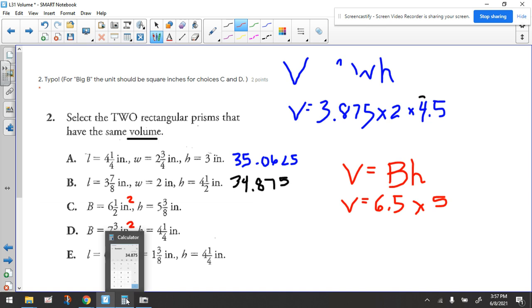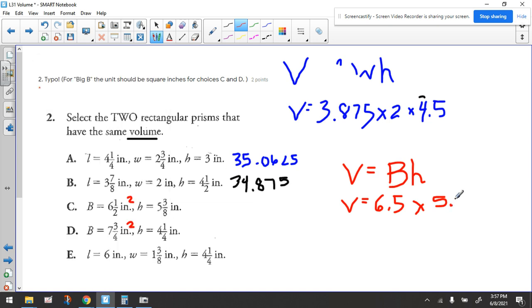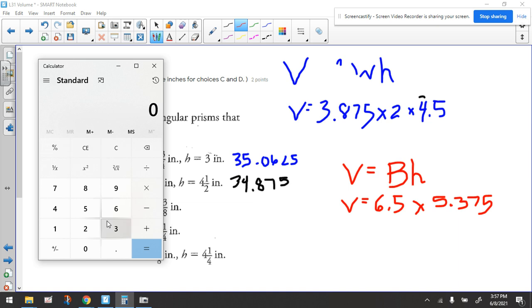Now, if we're going to use a calculator, we can turn that 3 divided by 8 into a decimal, which would be this. So it's going to be 5.375. And when we multiply these two numbers together to get the volume of the entire thing, we have 6.5 times 5.375. And we get this number.